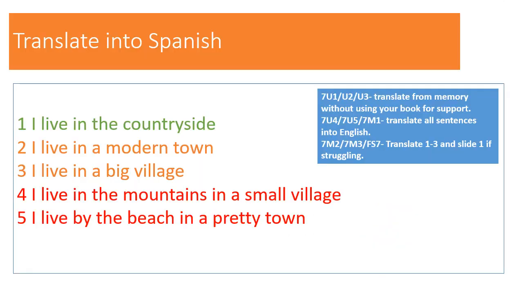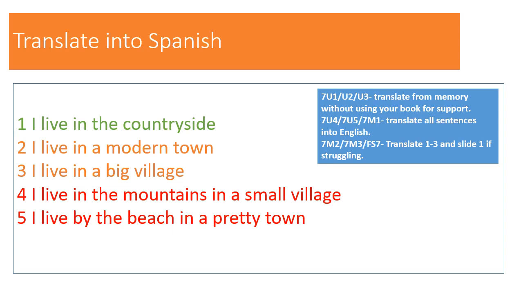On your next slide, you are going to translate the sentences into Spanish. Again, I've given you here a suggested option. You might have found these on the PowerPoint last week, that tells you what instruction you should go for depending on your group. You can push up a level if you want.